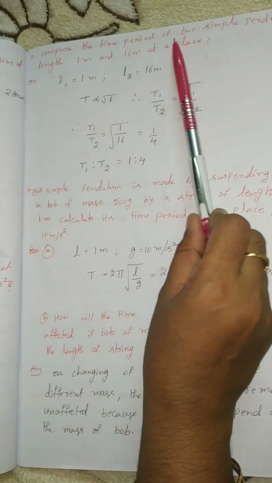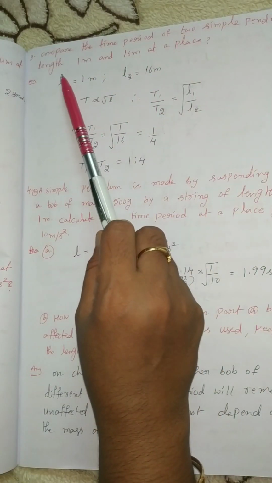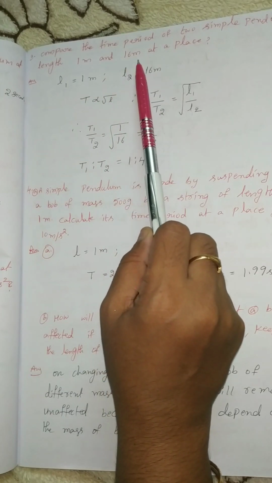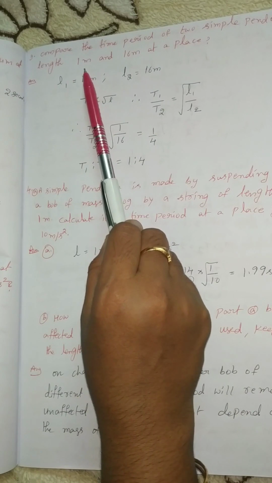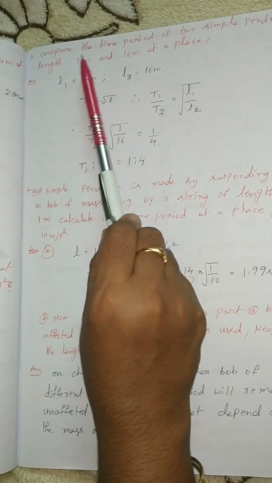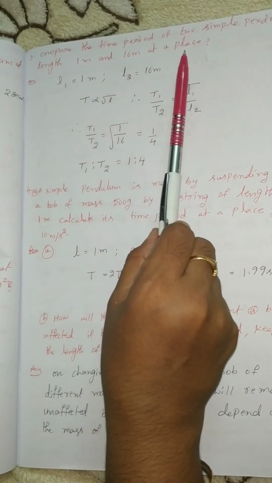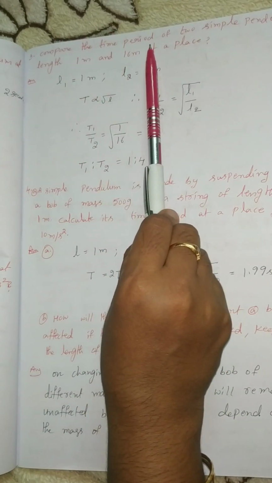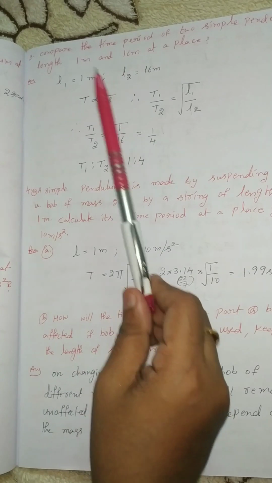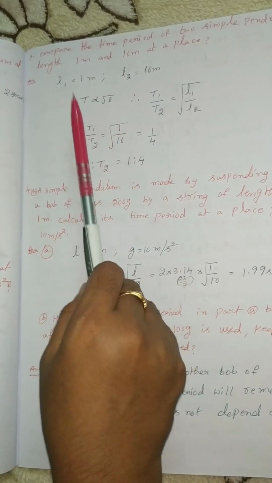Compare the time period of two simple pendulums of length 1 meter and 16 meter at a place. Here they give length 1 meter, 16 meter, means L1, L2. They give two lengths, L1, L2. What did they ask? Time period. It means T1, T2. So what is the relationship of the T and L?